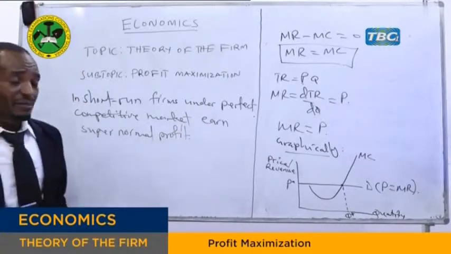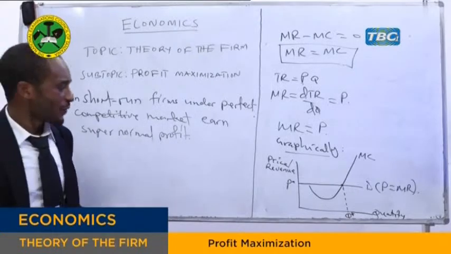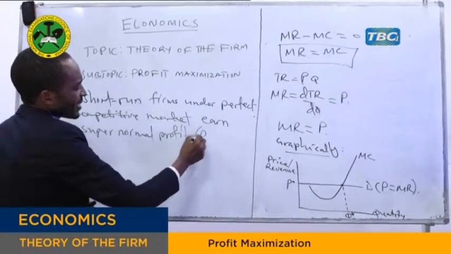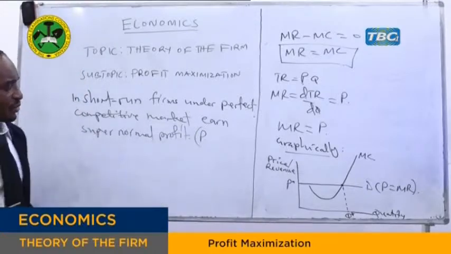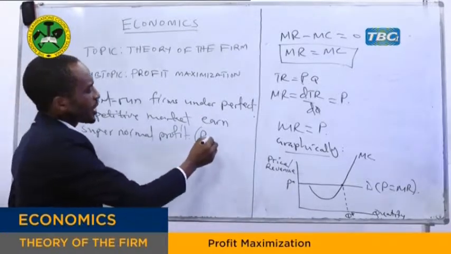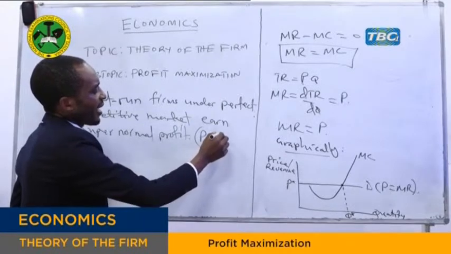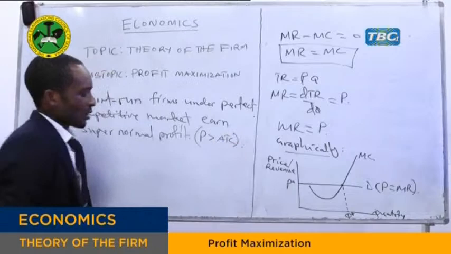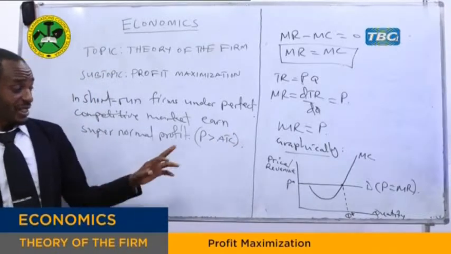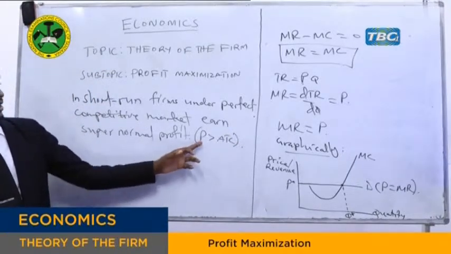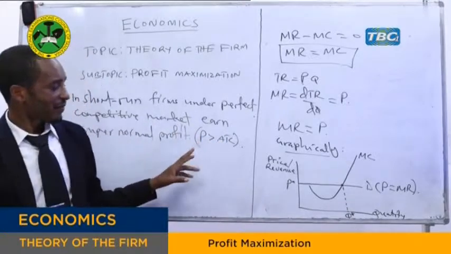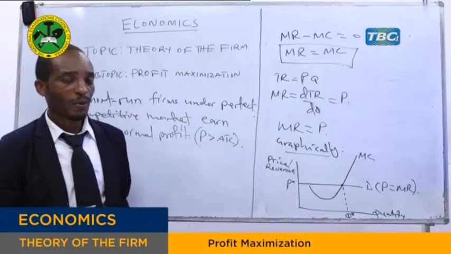So if a firm will earn supernormal profit, it means the price charged for the commodity should be greater than the average total cost. So if this situation exists, that price is greater than the average total cost, it means the firm under perfect market will earn supernormal profit.